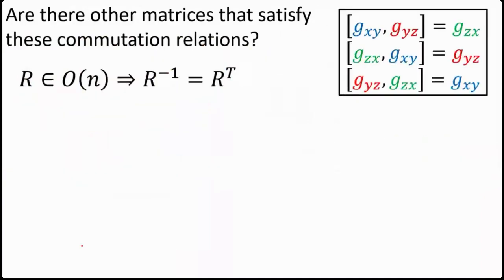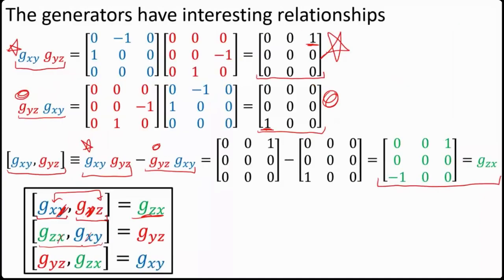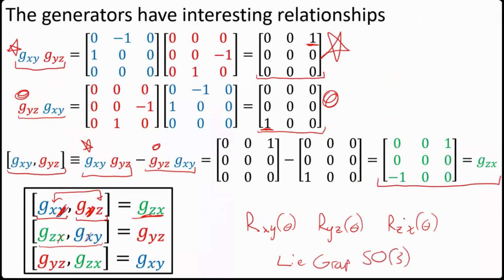So basically, the rotation matrices themselves, like this and this, are called the Lie group SO3 in capital letters, because they do 3D rotations.